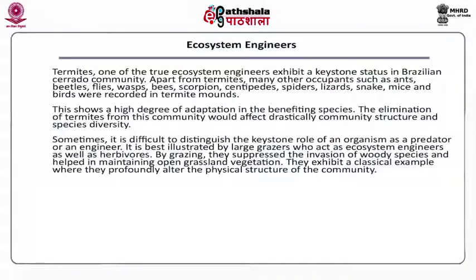Sometimes it is difficult to distinguish the keystone role of an organism as a predator or an engineer. It is best illustrated by large grazers who act as ecosystem engineers as well as herbivores. By grazing, they suppress the invasion of woody species and help in maintaining open grassland vegetation.